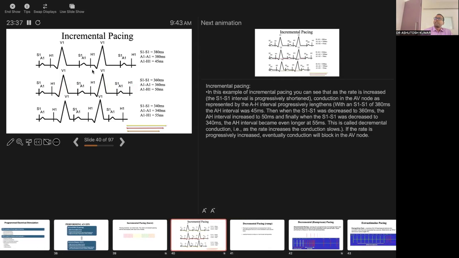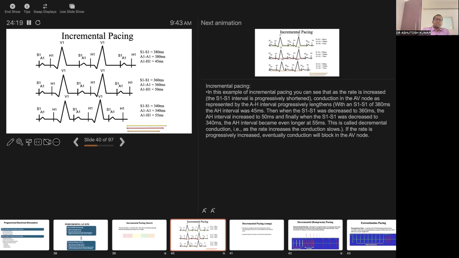So you can think AH, HV. S1, S2, S3: cycle length 380, then 360, then 340. At the same time, what are you going to measure? The AH interval, AH1. It was 45, 50, 55. What does it mean? Incremental or decremental?